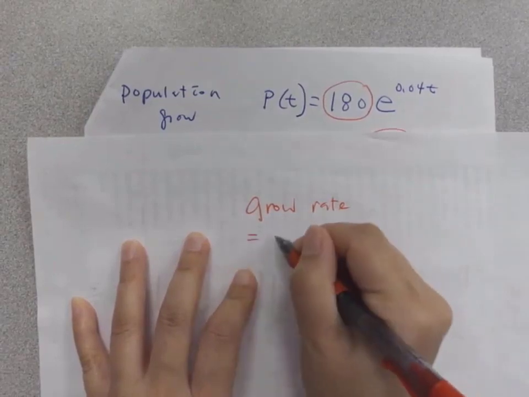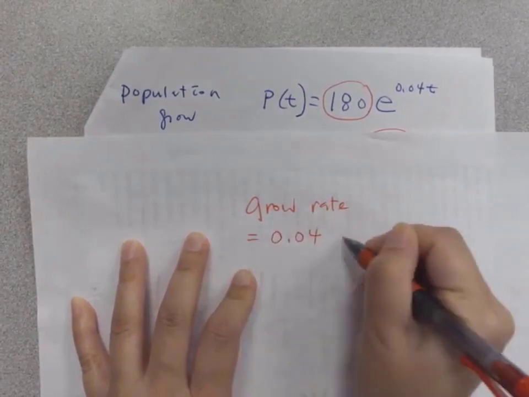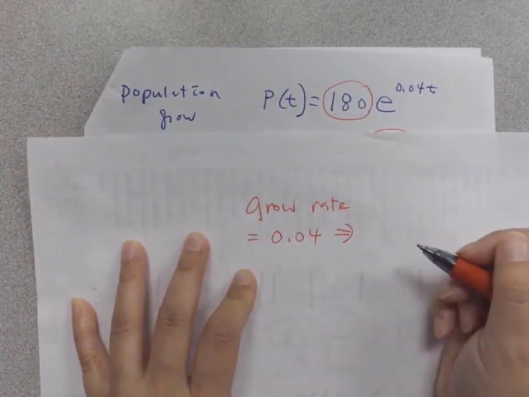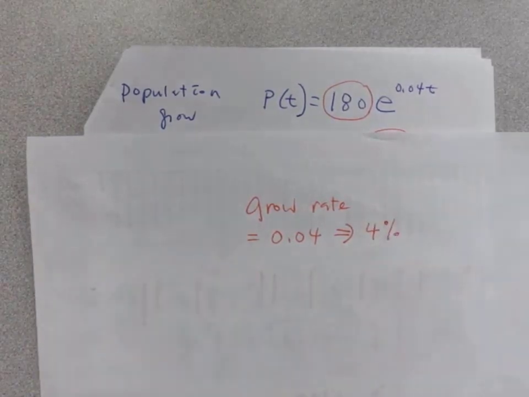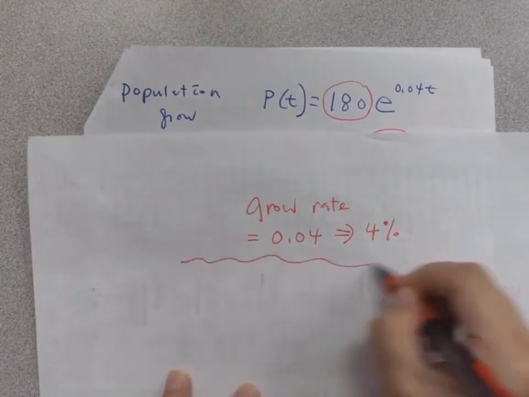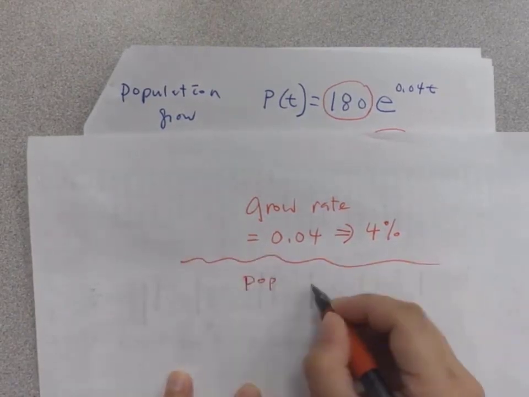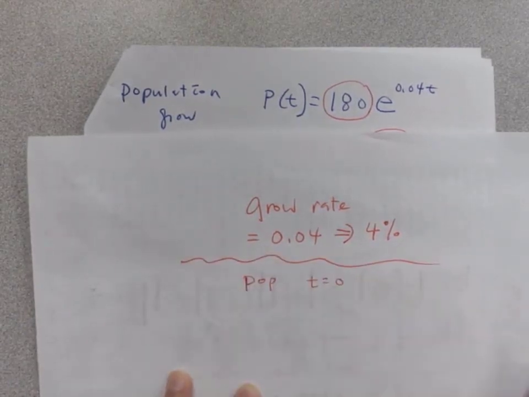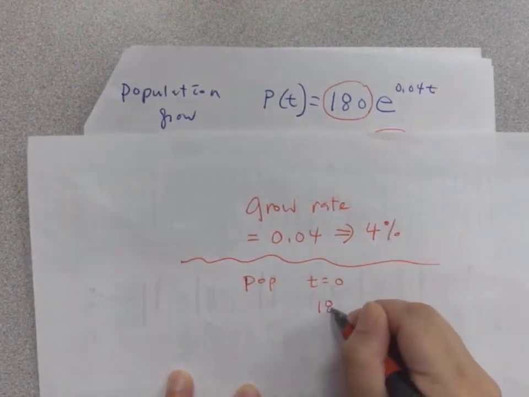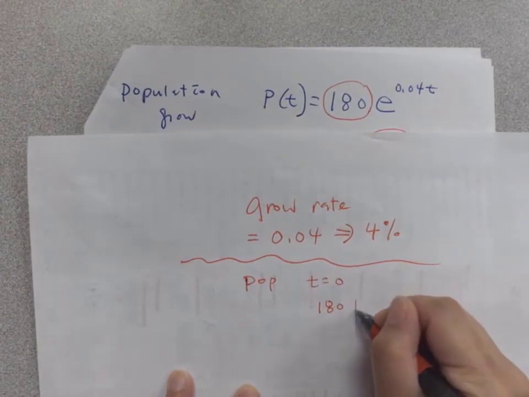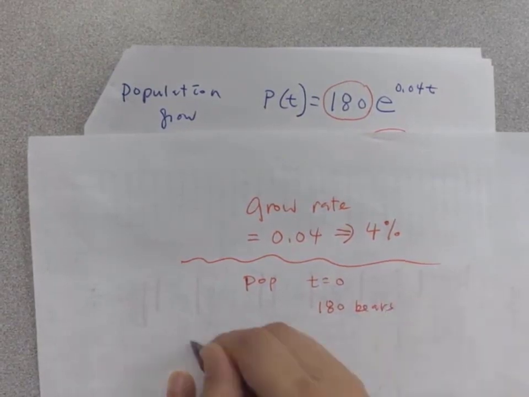It would be 4%. So it's 0.04, change it to percentage by multiplying by 100%, right? And what is the population when the time equals 0? Just this number, right? So 180, whatever that is, could be bears or insects or something.